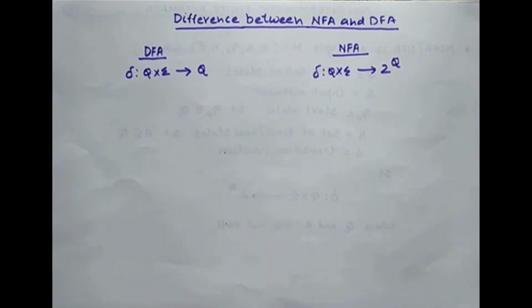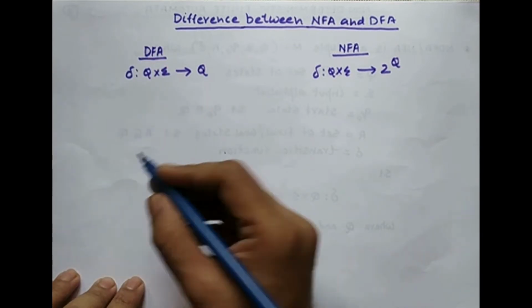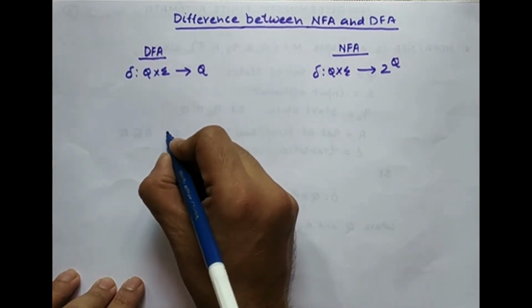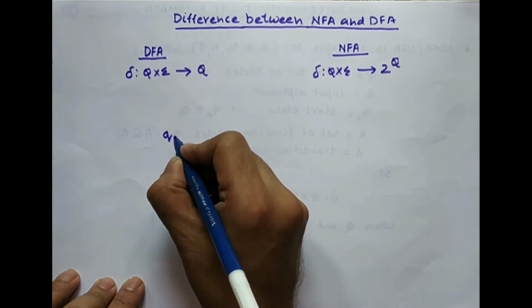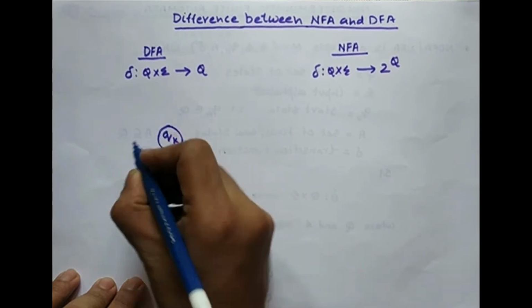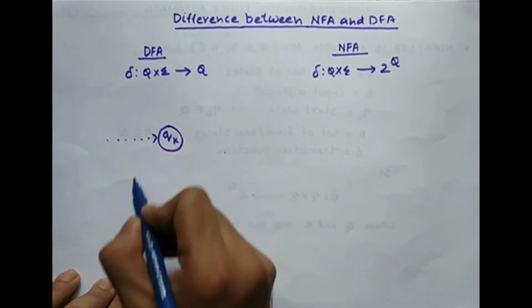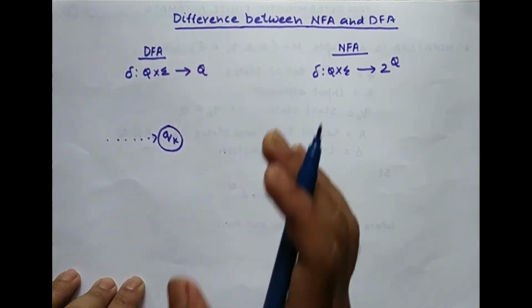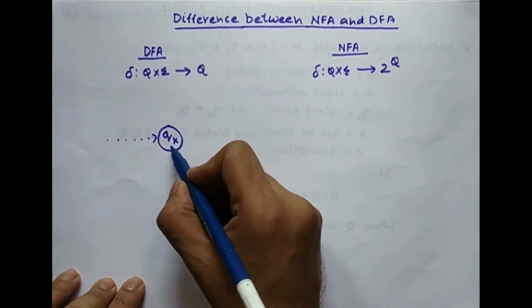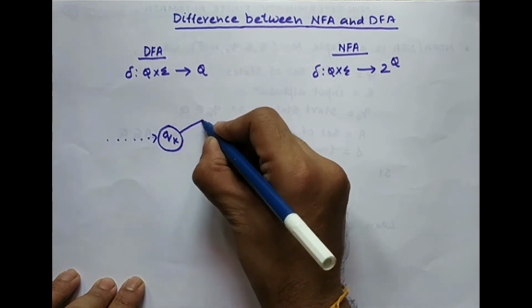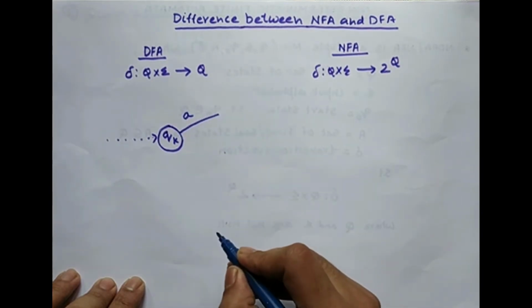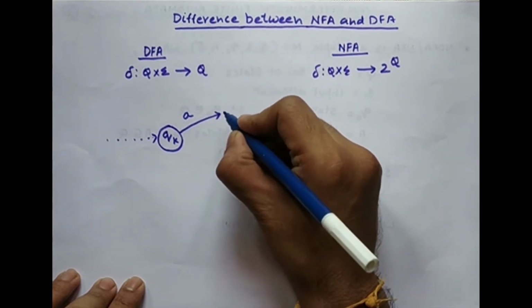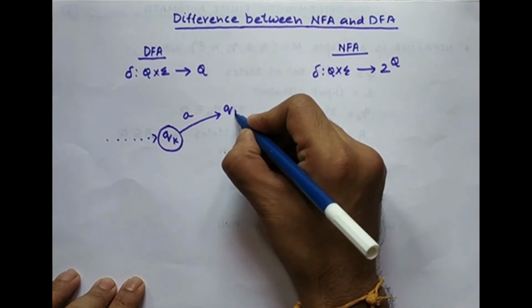To understand the difference between NFA and DFA, we'll have to go through the definition of DFA. So what did I say regarding DFA? Suppose qk is one of the states out of n number of states in DFA, then it is called a DFA when from one state, on reading one particular input, say a, you go to only one unique state, say qm.